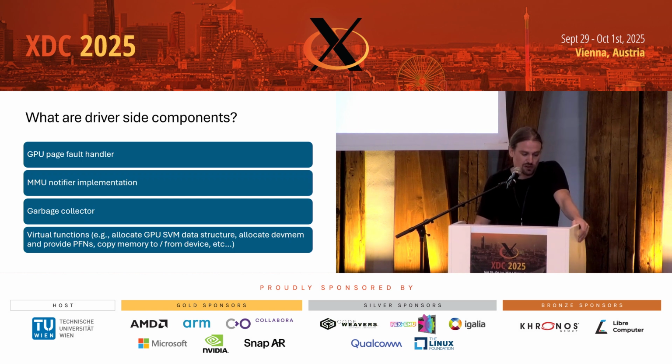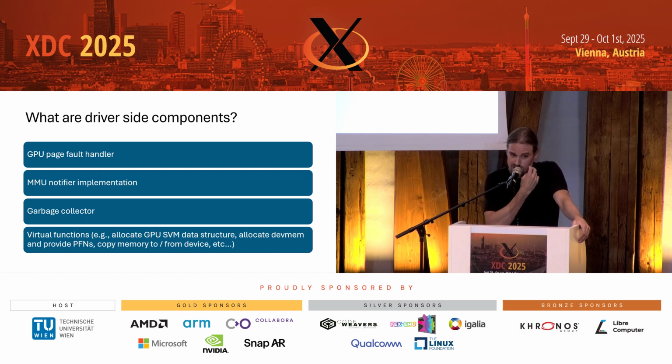Some other components are the virtual functions. So there's the common code in GPU SVM, but then there's virtual functions that it needs to call to do driver specific operations. Examples of that are you can allocate GPU SVM data structures.